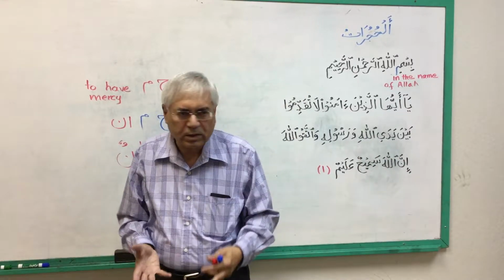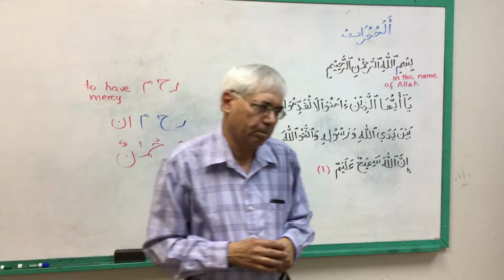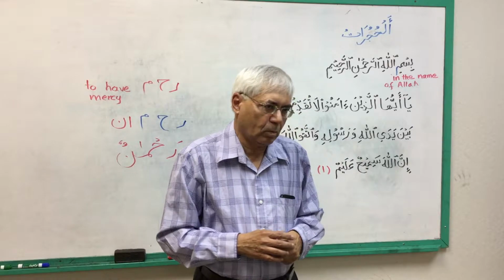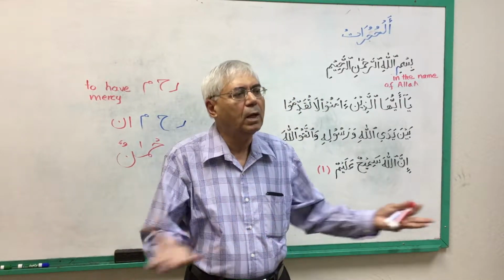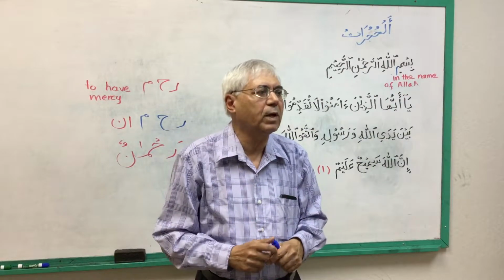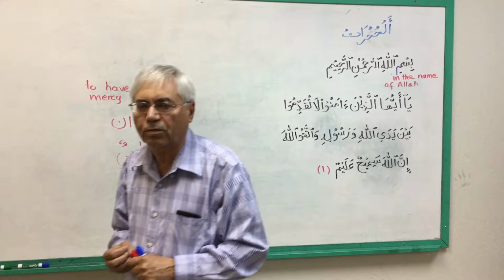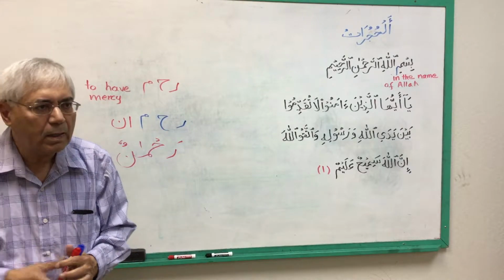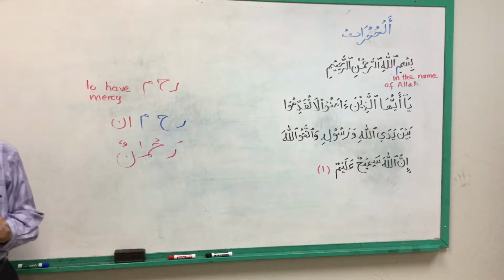He showers His mercy upon a person who disobeys Him. A person who doesn't believe in Allah, Allah keeps showering His mercy upon him. That is the sifat of the word Rahman, or a word that ends with alif and noon.